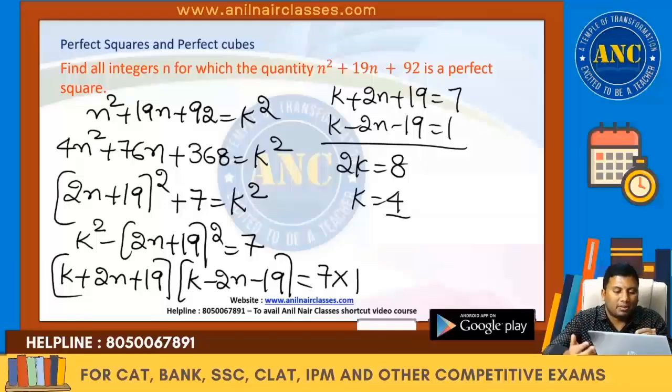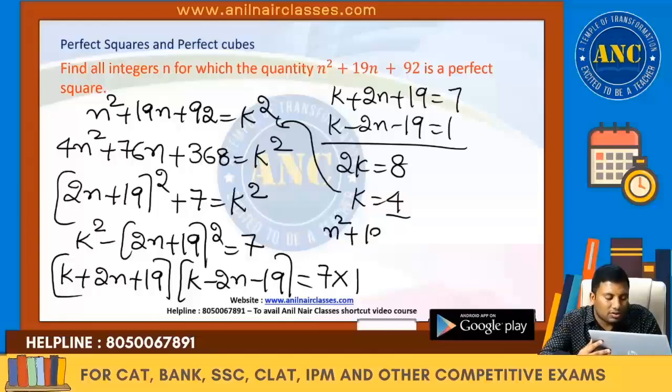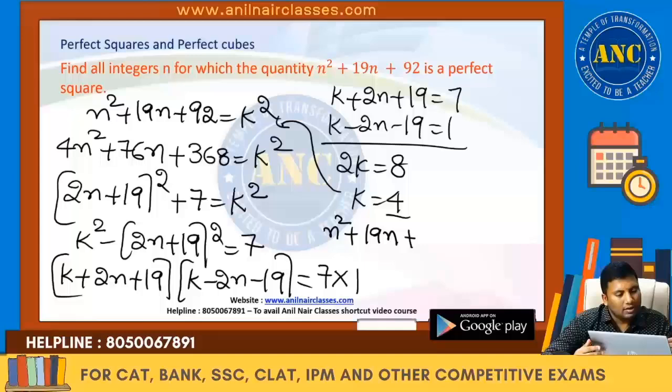Clear? If I substitute 4 here, this equation will become n square plus 19n plus 16 plus 92... where is the mistake? I think what we did is, it is 4k square, it is 2k square, it is 2k.